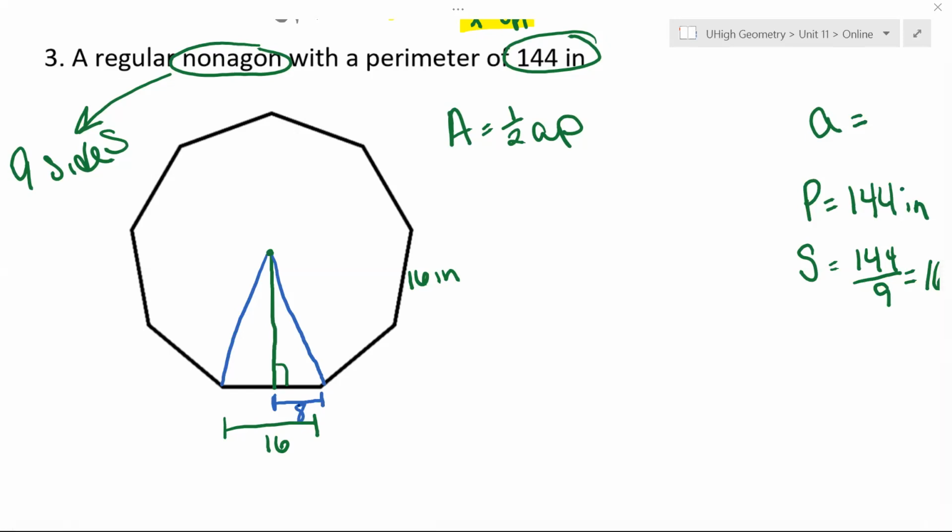All right, so I'm looking for my apothem, and all I know is that one of my side lengths is 16. So what I can do is find this angle measure here, and I'm going to call it angle 1.